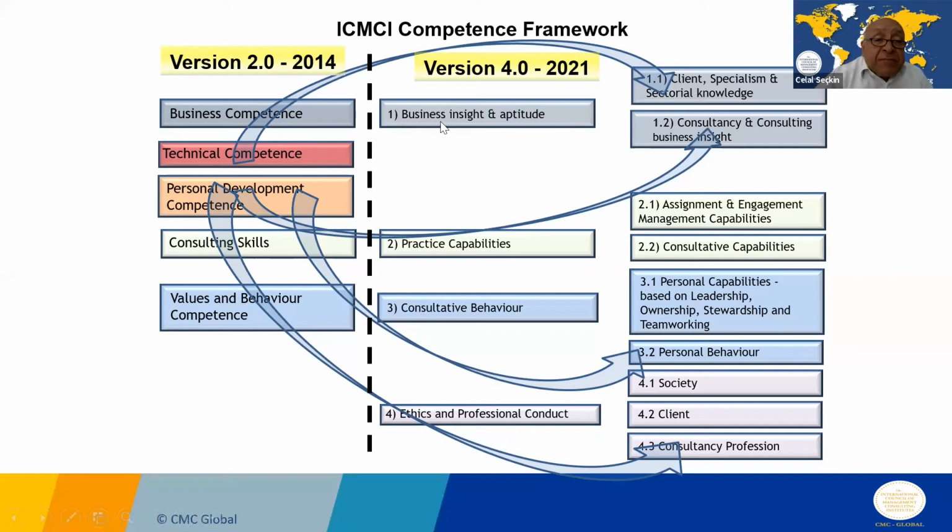And if there is something in personal development competence in 2014, we have them in personal behavior, consultancy profession, and even consultancy and consulting business insight. So there are full descriptions, full comparison tables, and other details in the documents on the website.